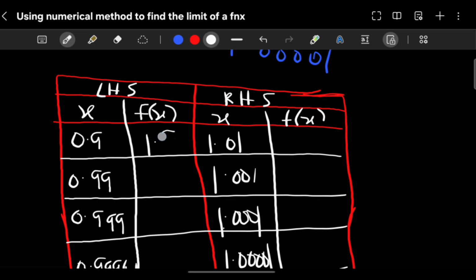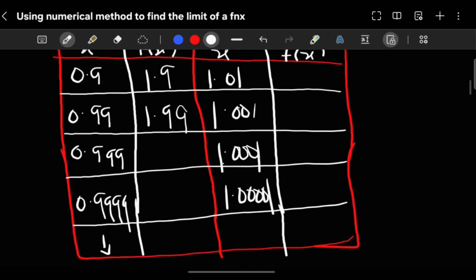When we put 0.9 in the function, we're going to have 1.9 as our answer. When we put 0.99 in the function, we're going to get 1.99. When we put 0.999, we're going to get 1.999. When we put 0.9999, we're going to get 1.9999.